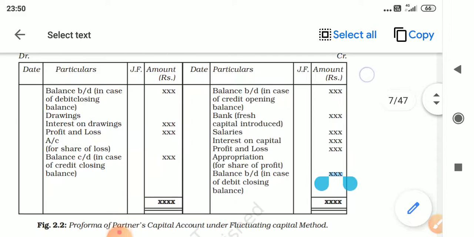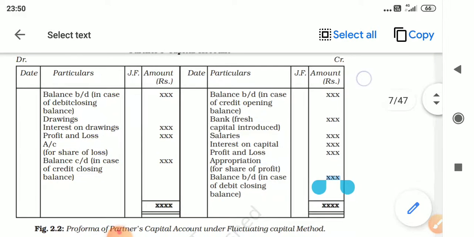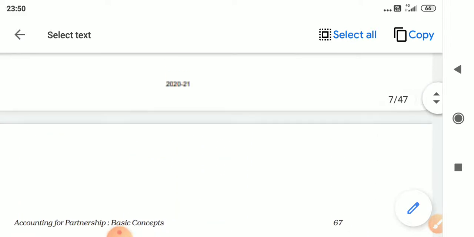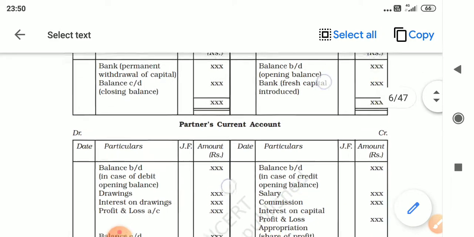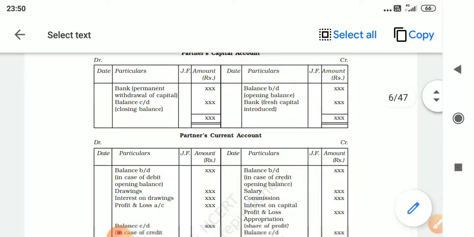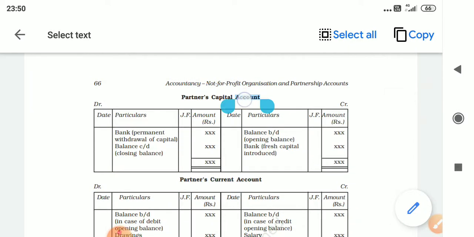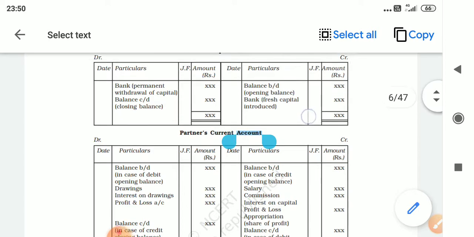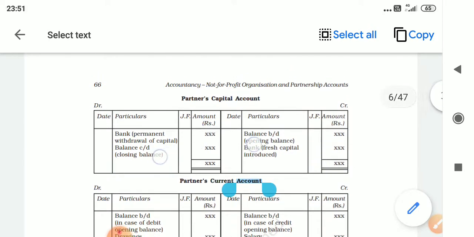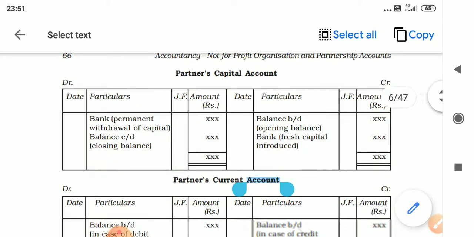This is fluctuating method. Now under fixed capital method, we will be preparing two accounts. One is partner's capital account and the other one is partner's current account. In partner's capital account, the opening balance will come in the credit side. If the partner is introducing any additional capital, that will come in the credit side.